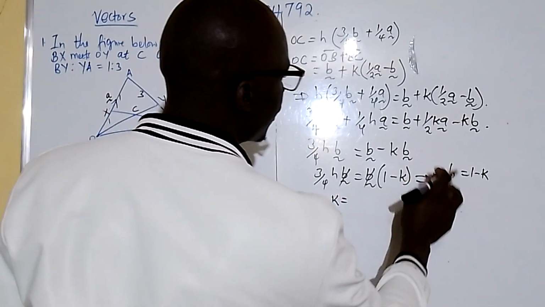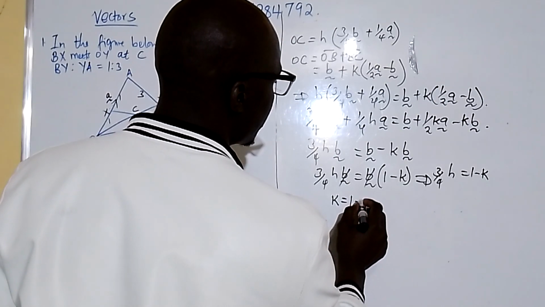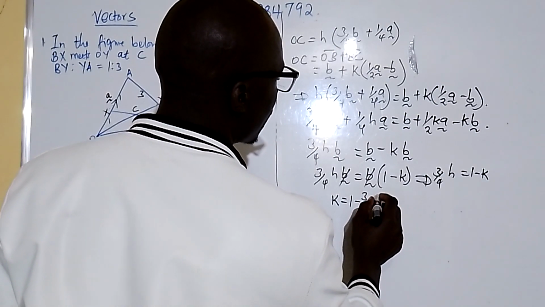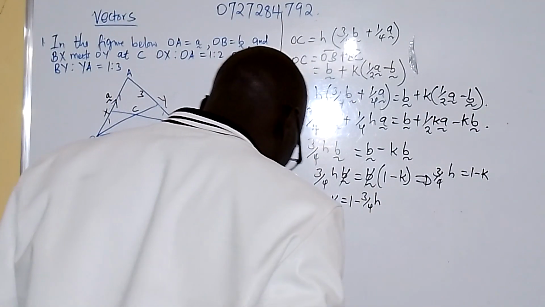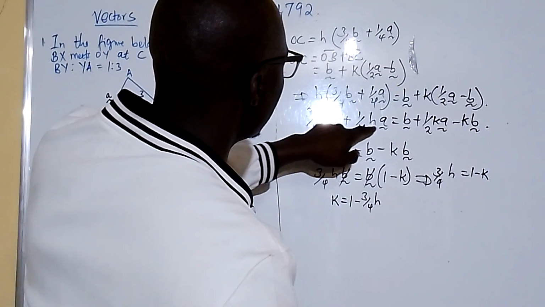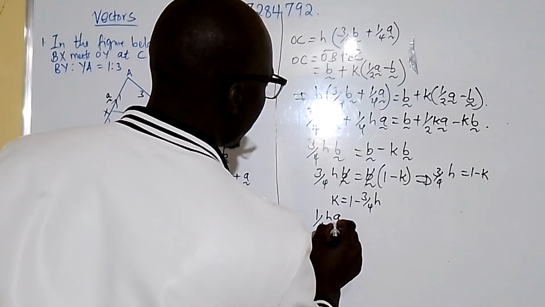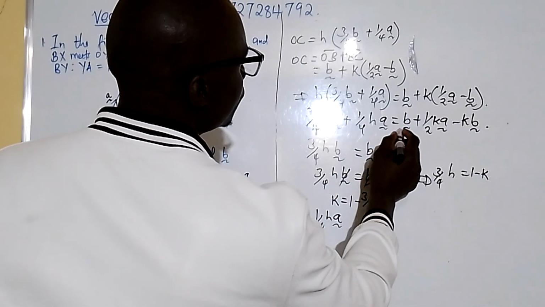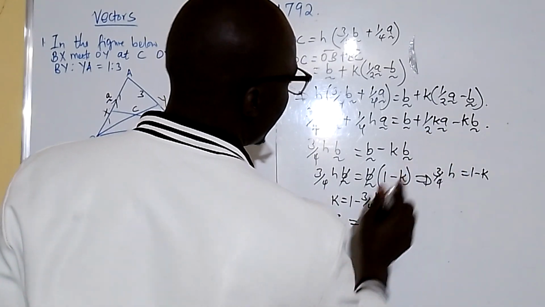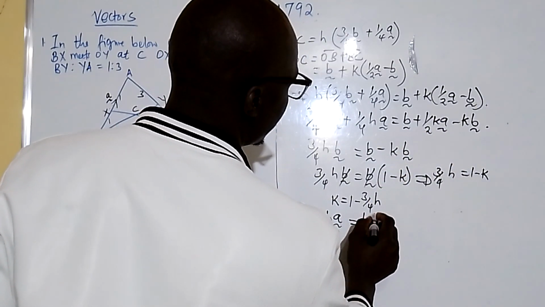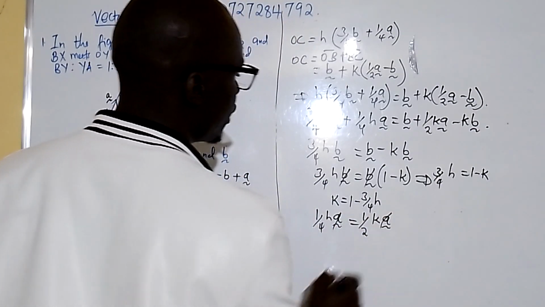K is equal to, when this one goes the other side, 1 minus 3 over 4 H. At the same time, we can now look at vector A. 1 over 4 H vector A equals a half K vector A. A cancels there.